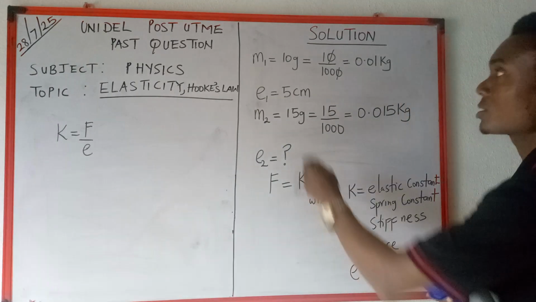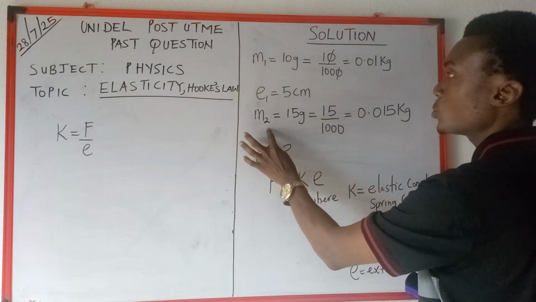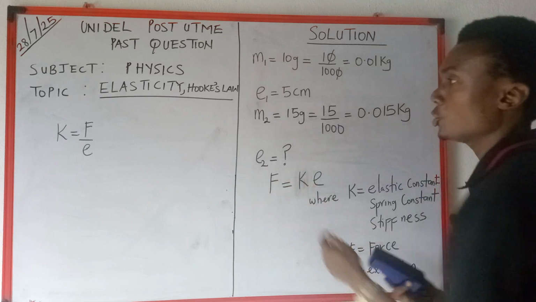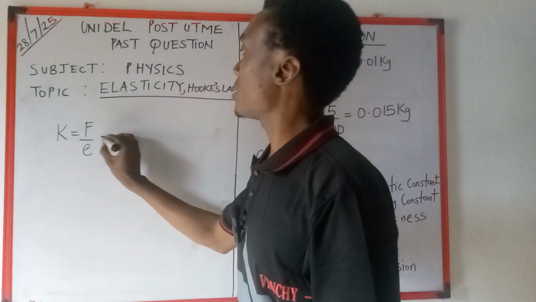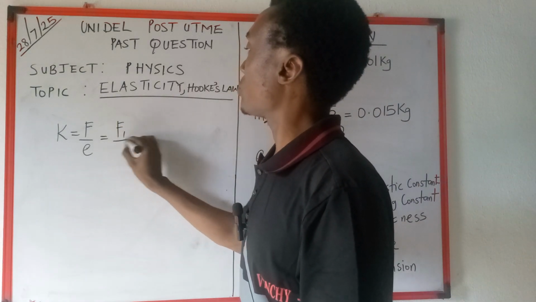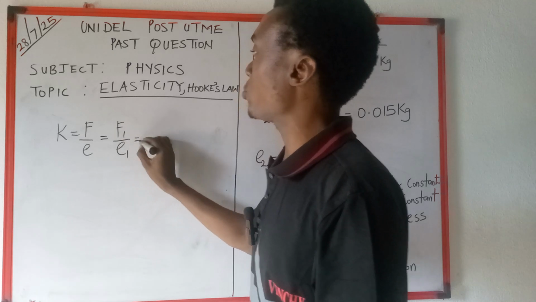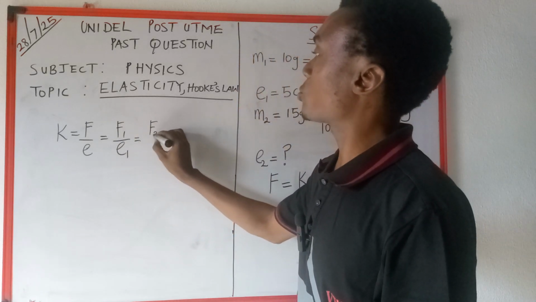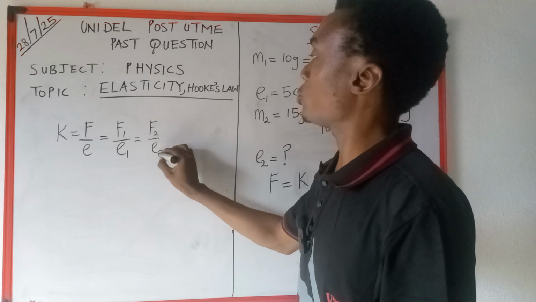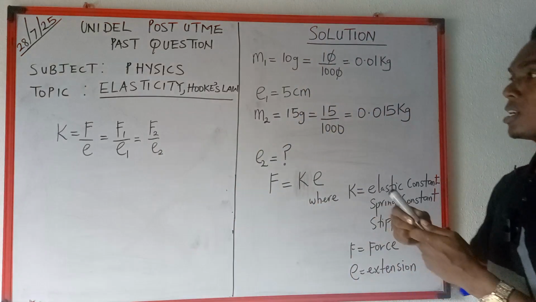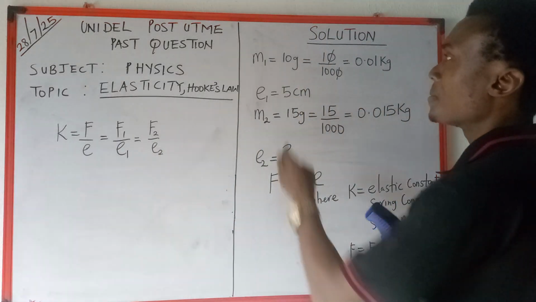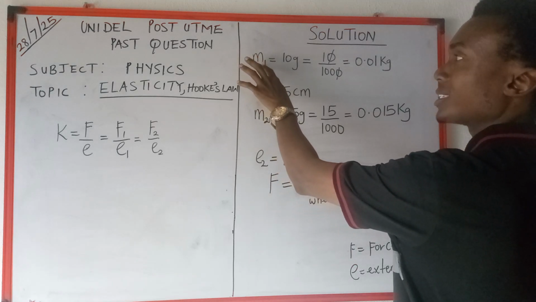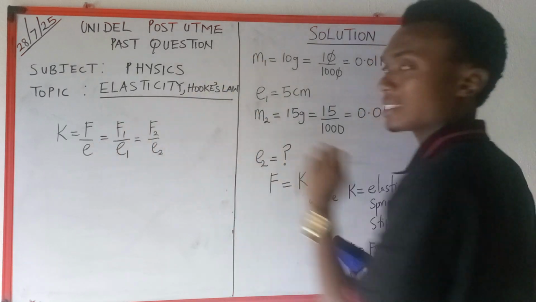You're changing from M1 to M2, E1 to E2. So I'm free to say F1 over E1 equals F2 over E2. Now, if you notice very well, there's no force here and no mass here.